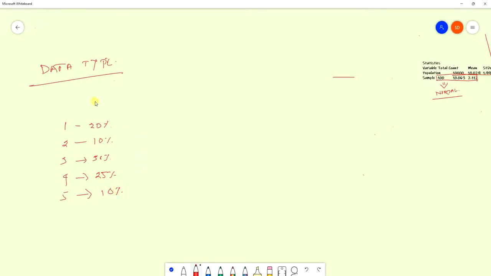This individual probability that we are seeing here is called the probability mass function.